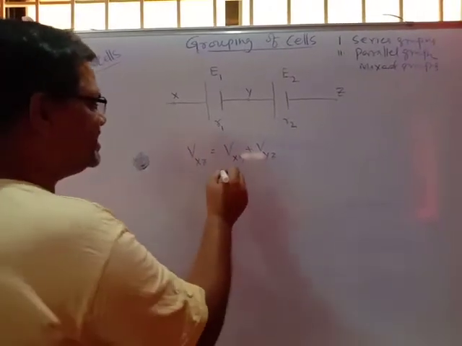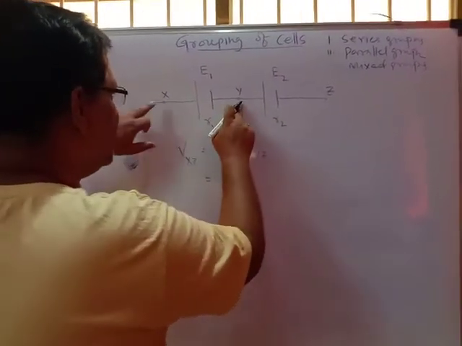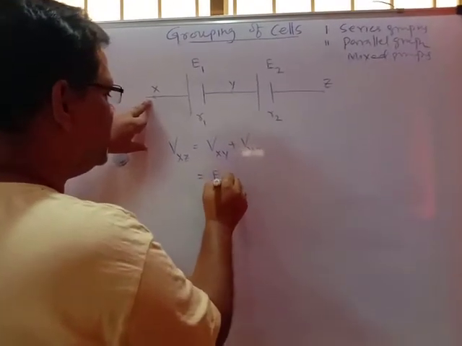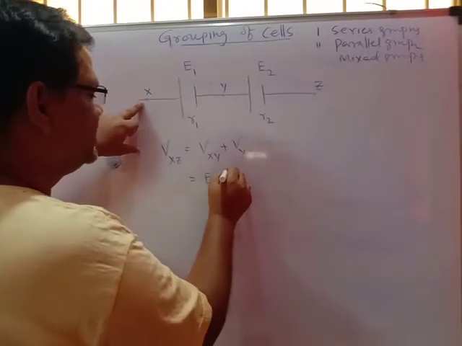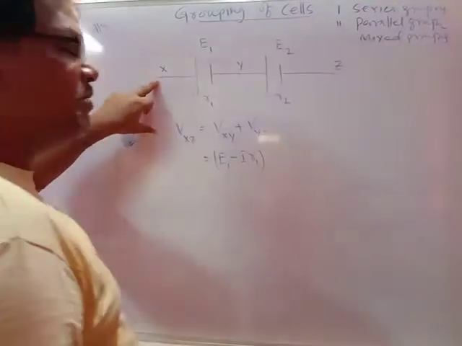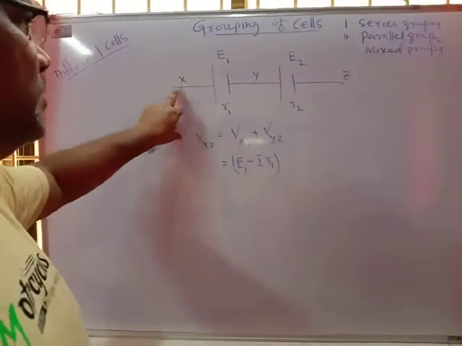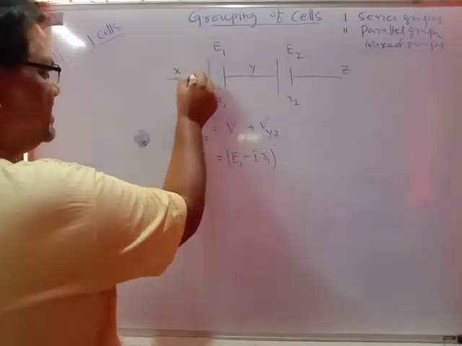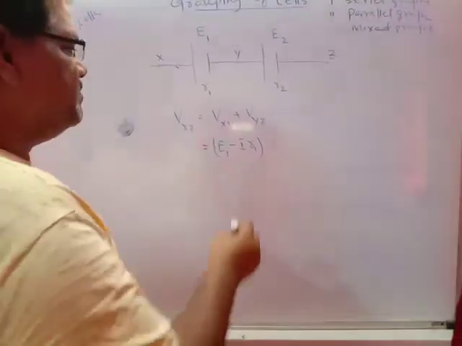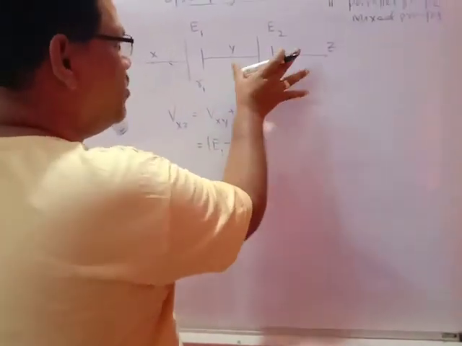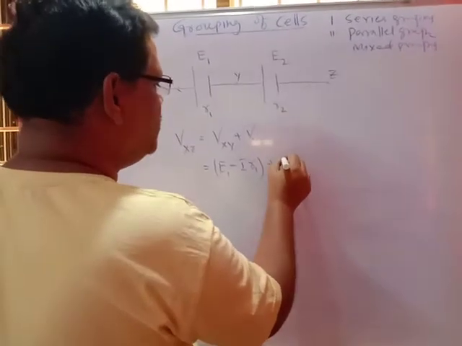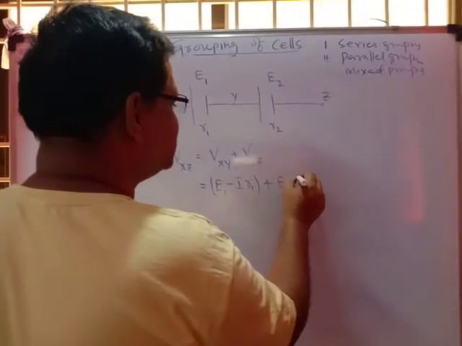So what is Vxy? Vxy is equal to the PD between X and Y. So this will be equal to E1 minus, the current is the same, IR1, because you know that terminal PD equals E minus IR. So what will be the terminal PD in this case? That is equal to, current is drawn from here, E1 minus IR1 plus the PD between Y and Z. The PD between Y and Z will be equal to E2 minus IR2.